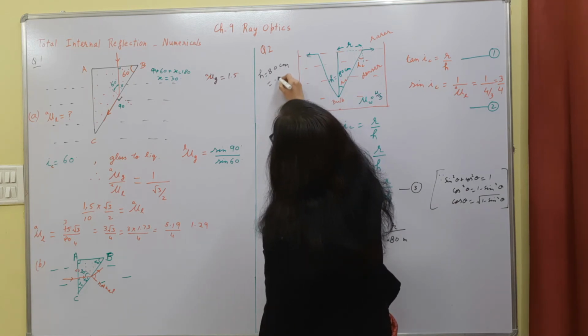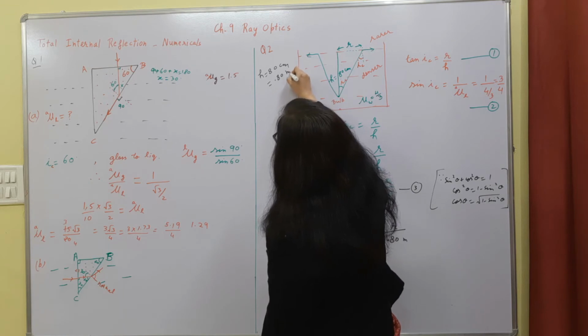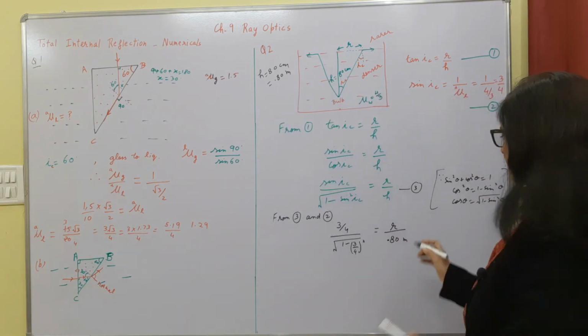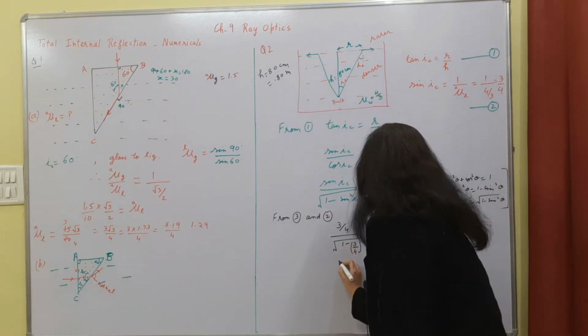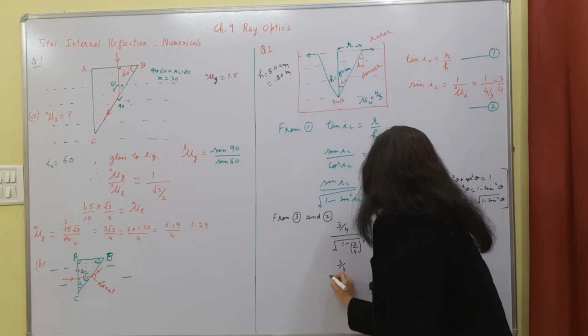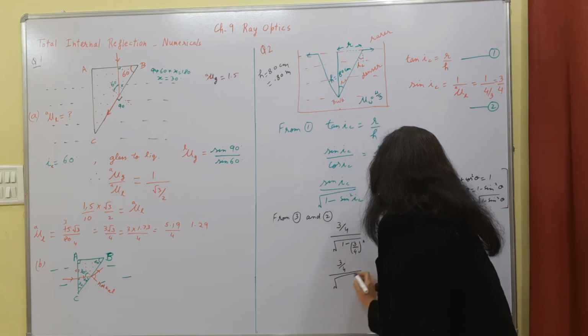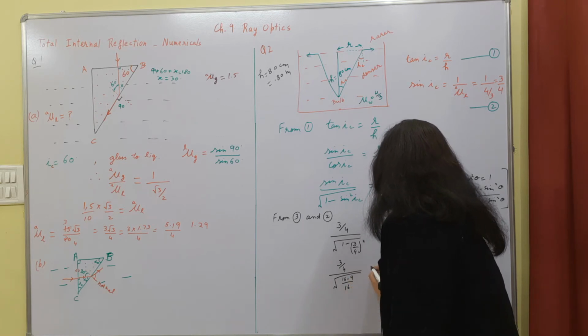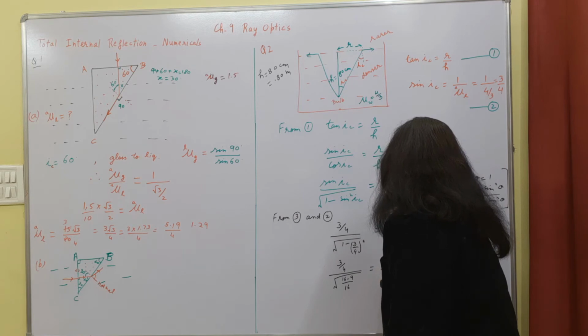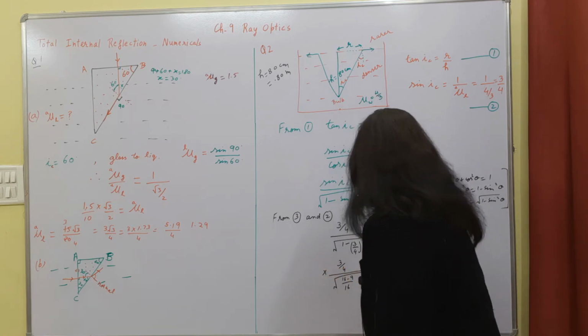That means 0.80 meter. Divide by 100, right? So this is 3 upon 4 upon under root of 16 minus 9 is equal to R into 0.8 cross multiplied.